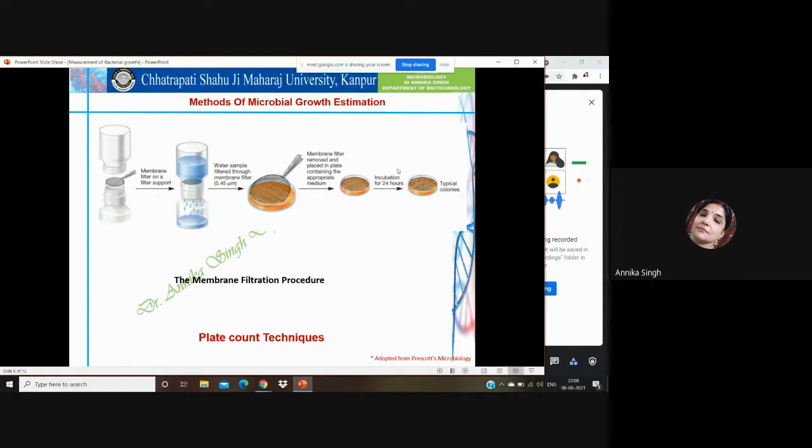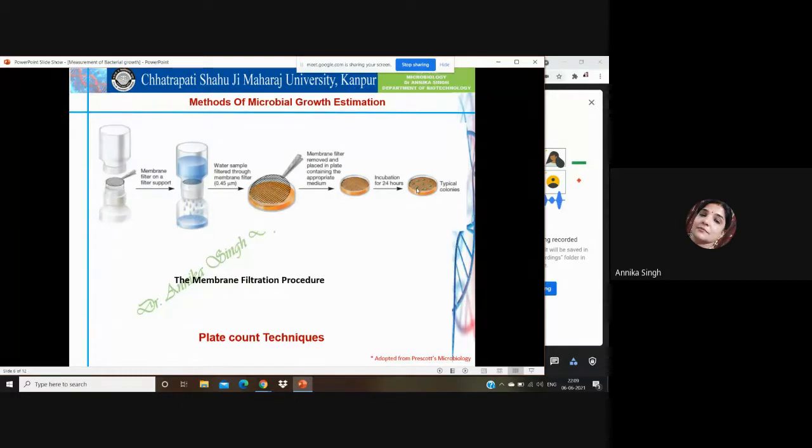If you get the result in 8 hours, then 8 hours incubation at a particular or optimum temperature is sufficient, and then you can see the result in the form of typical colonies. These colonies can be counted and represented as colony forming unit per ml of the sample.